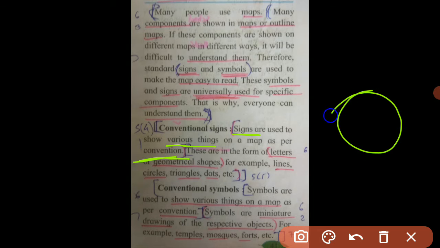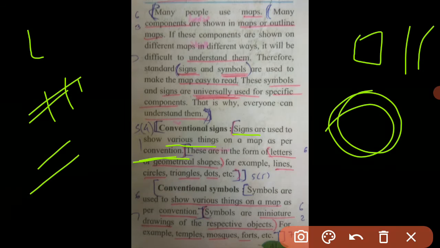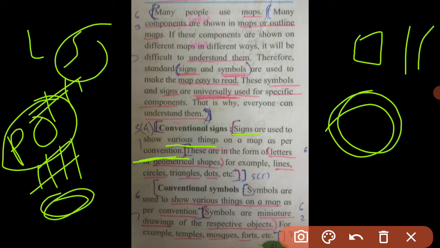We use signs to show water, trees, routes, railway tracks, etc. These are in the form of letters or geometrical shapes. For example, a railway track is a sign. PO, post office, what is this? This is a combination of letters. Other examples are line, circle, triangle, dot, etc.